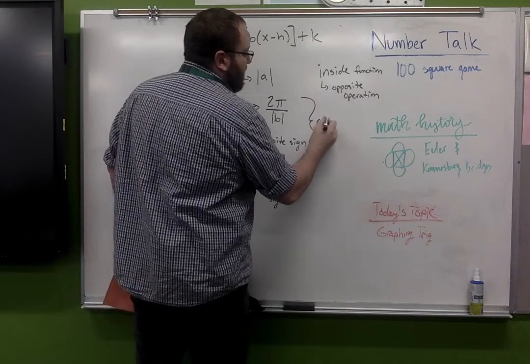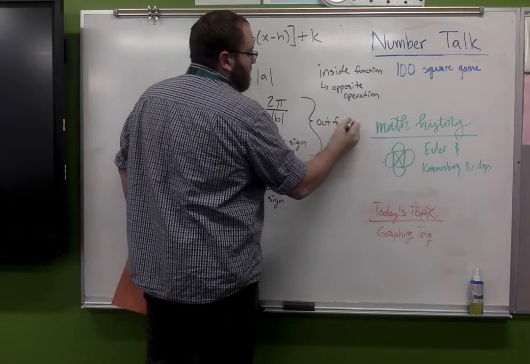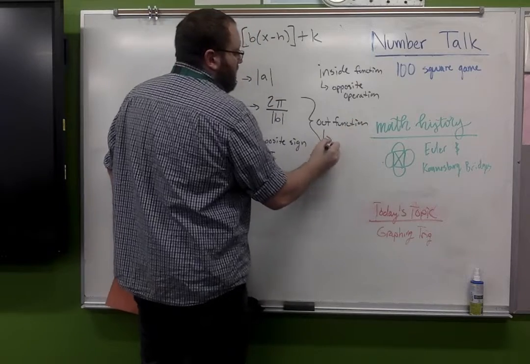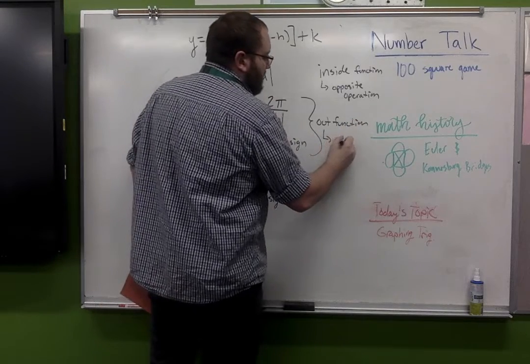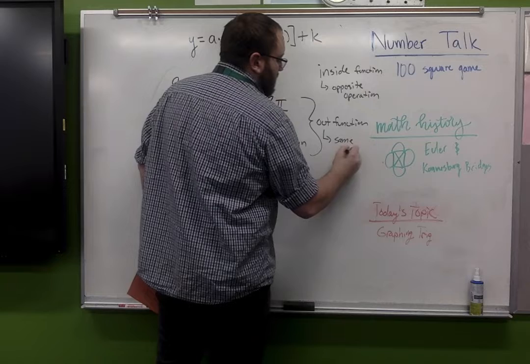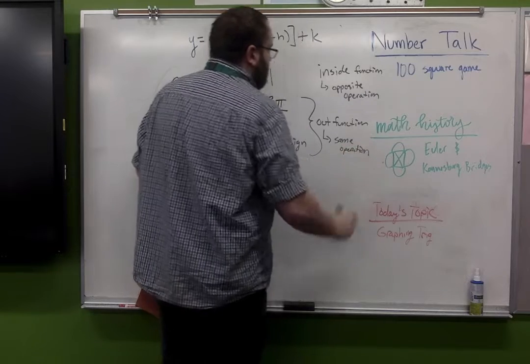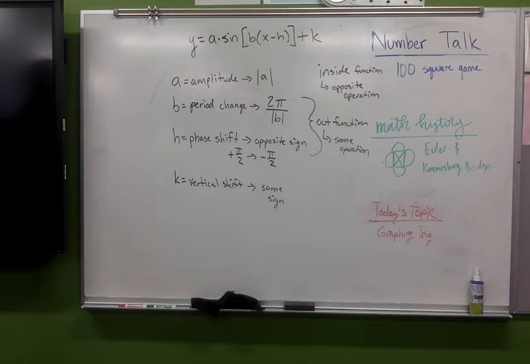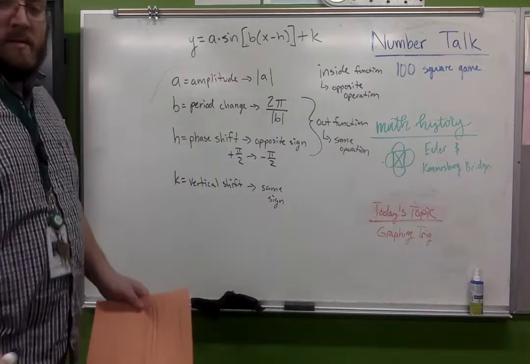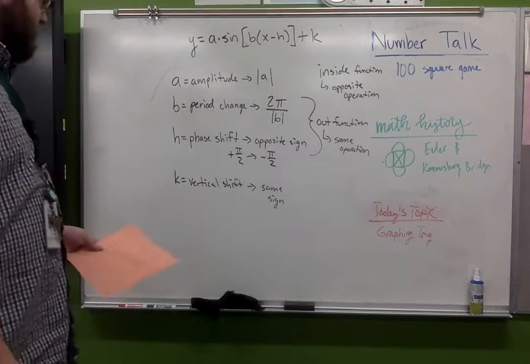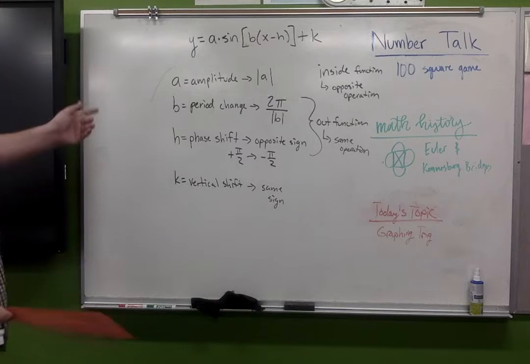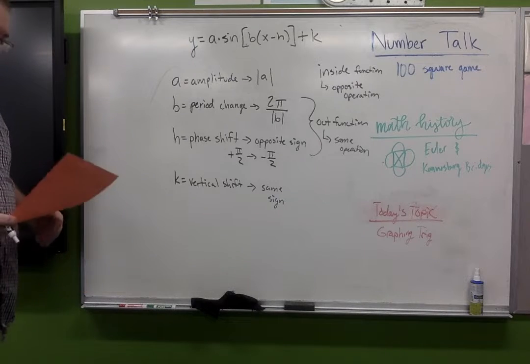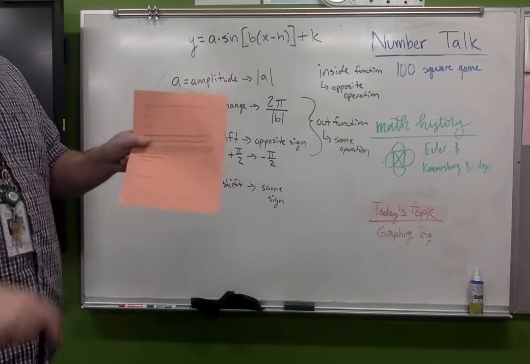If it's outside the function, it's same operation. So using these definitions here, hopefully you have this written down, so pause the video if you need to, we're going to graph these four.